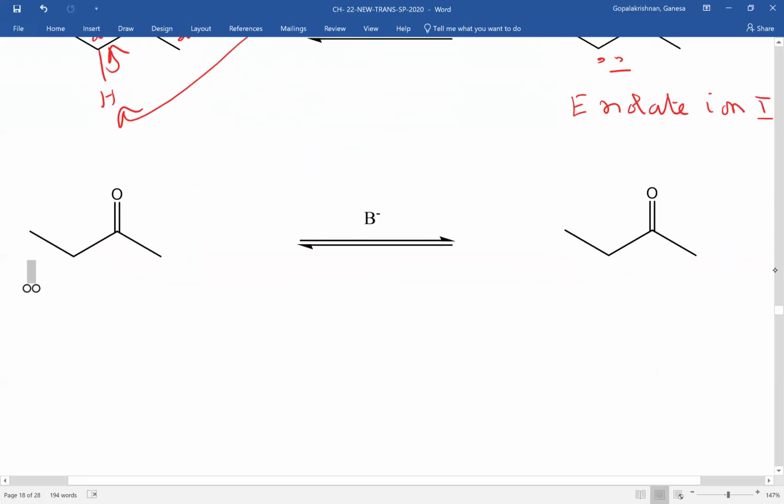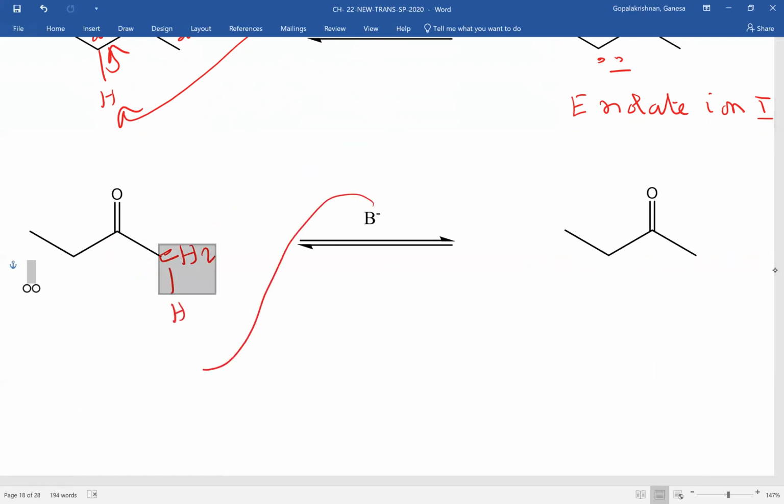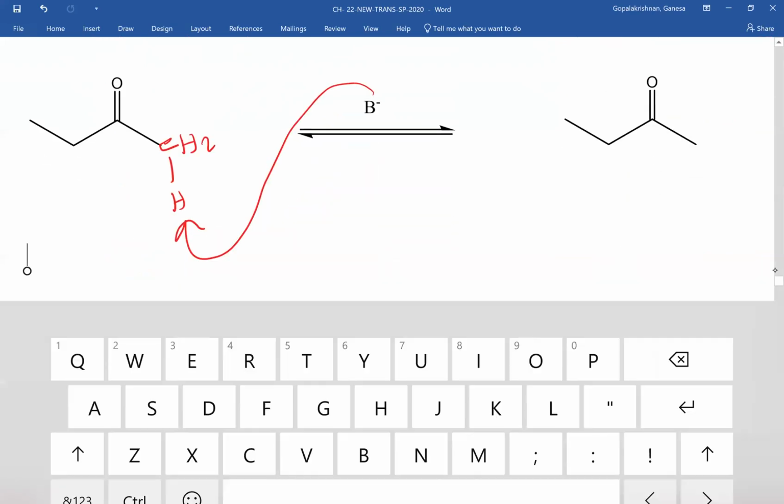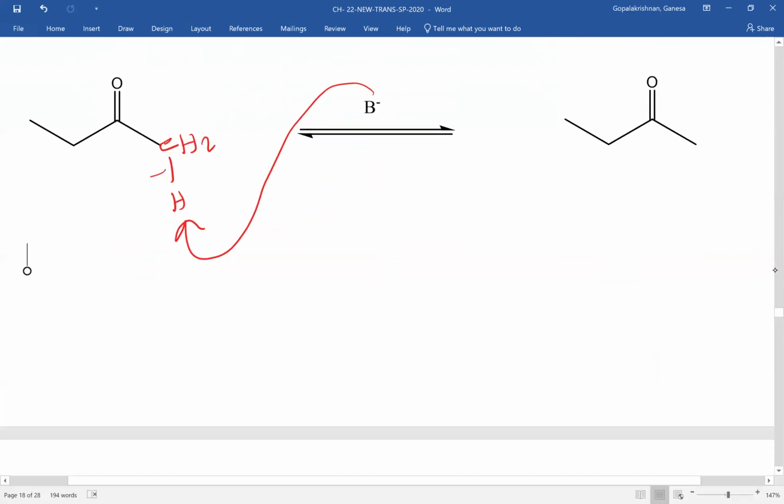The same thing is possible from this one. If the base abstracts the proton from here, this will go there and form an enolate. Let me call it enolate 2.